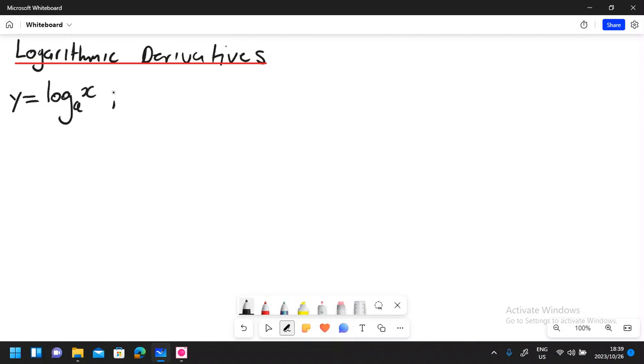Now when we find dy/dx, the formula that you're going to use to derive is supposed to be 1 over x, then natural log, then a.